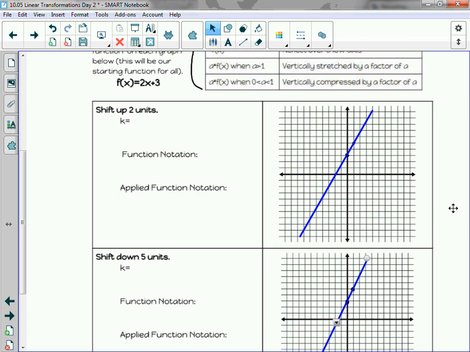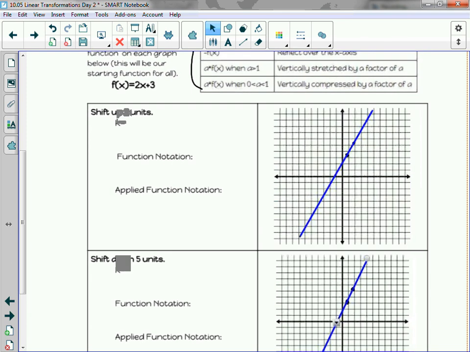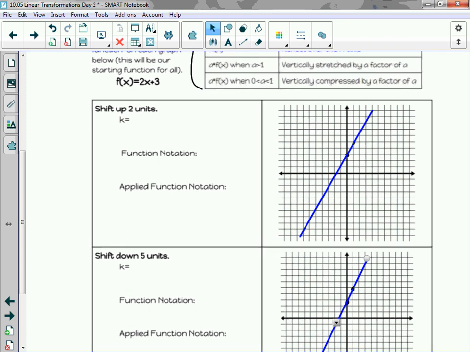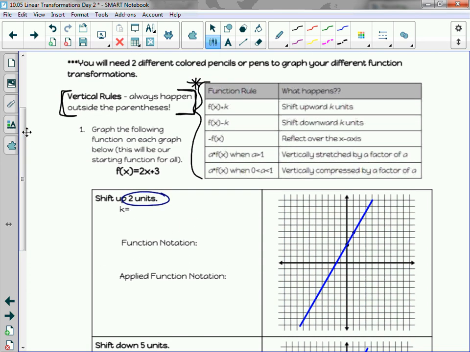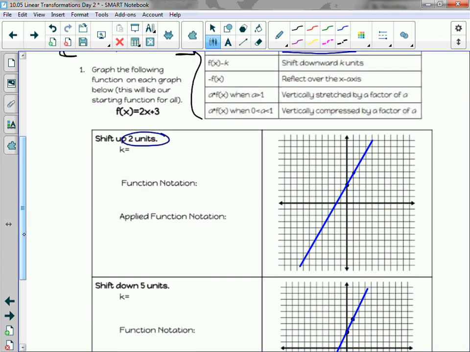The first transformation that we have is a shift up 2 units. If we look at our table, we're shifting upward k units. So if we're going up 2, our k is positive 2.